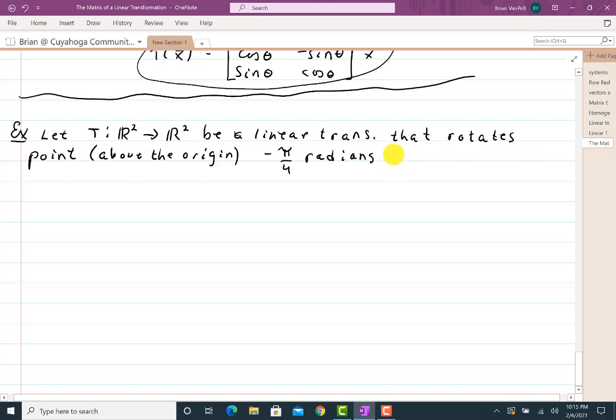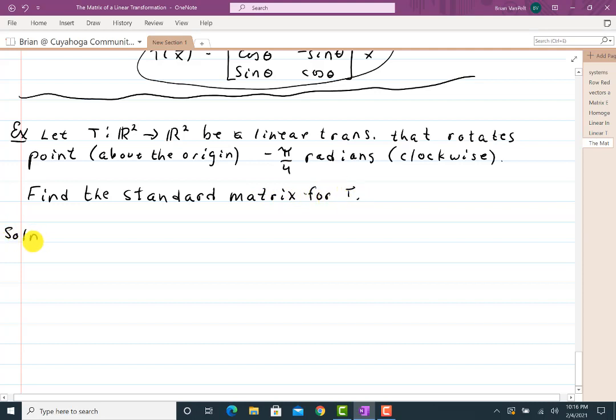Of course, that means we're going to go clockwise because negative works clockwise, positive works counterclockwise. Find the standard matrix for T. So, well, we know what it is.